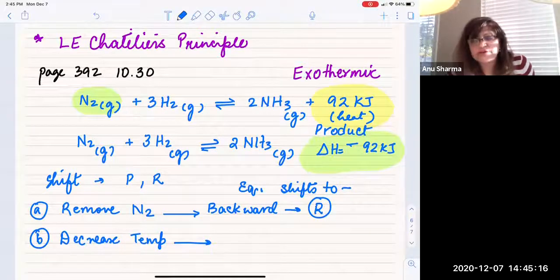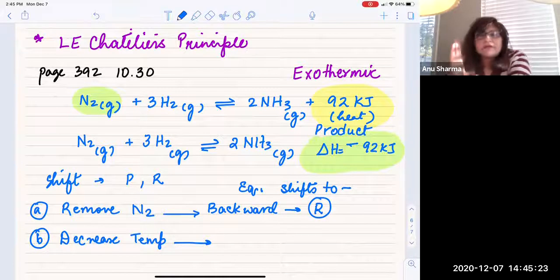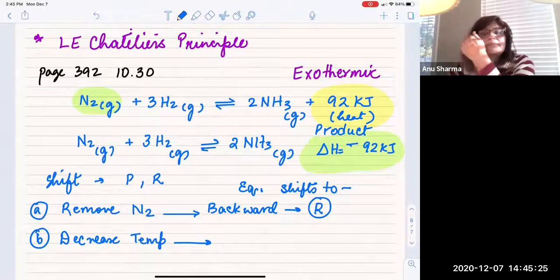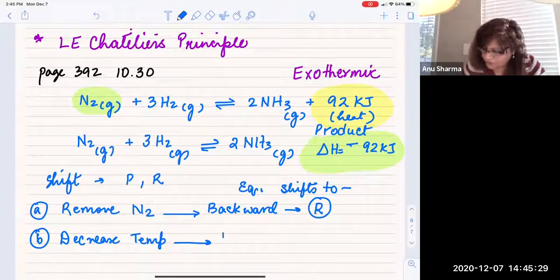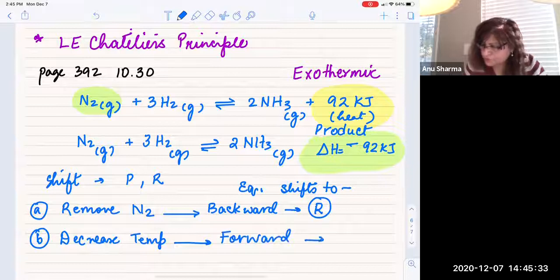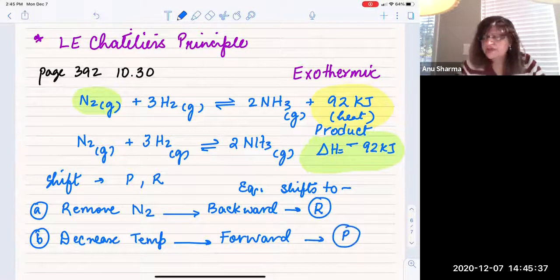Now which direction is the system moving? You removed the heat which is acting as a product. It moves forward. Very good. Because now it wants to produce more heat. You removed the heat, now it wants to produce more heat. So it moves towards the product side.